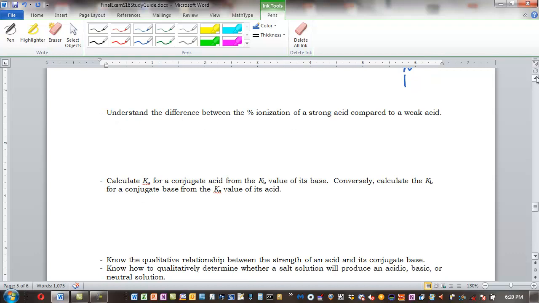Next bullet point here, calculate Ka for a conjugate acid from the Kb value of its base or vice versa. How do we do that? Okay, so Kw is Ka times Kb.